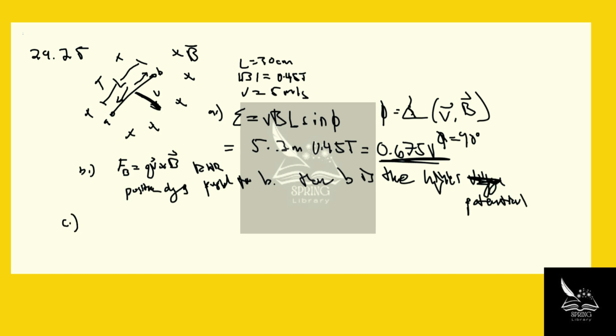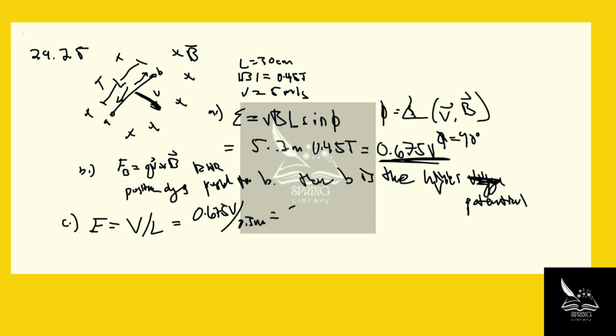Okay, let's go to C. C asks, when the charges in the rod are in equilibrium, what are the magnitude and direction of the electric field within the rod? The magnitude is just given as the voltage divided by the length. So this is easy, which is 0.75 volts over 0.3 meters.